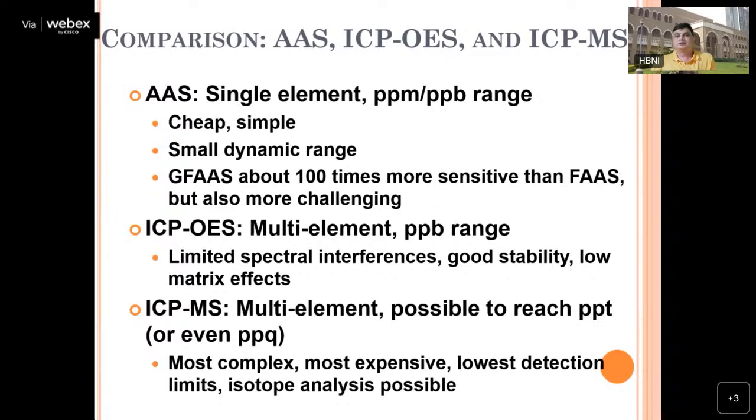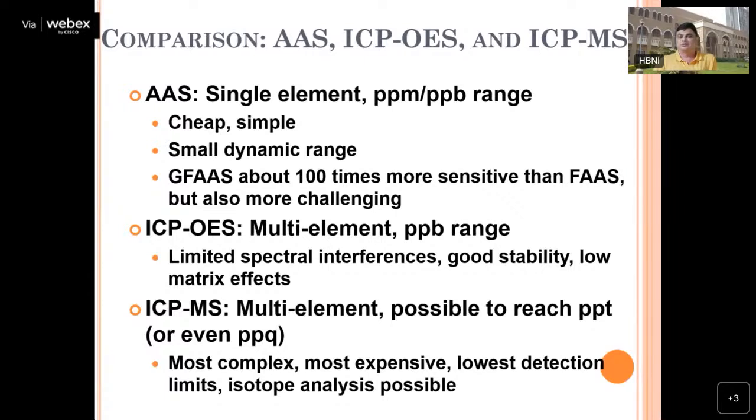Then AAS: single element, ppm to ppb range, small dynamic range. Graphite furnace atomic absorption is about 100 times more sensitive compared to flame atomic absorption, but also more challenging. Then ICP-OES is multi-element, in the ppb range, with limited spectral interference, good stability and low matrix interferences.